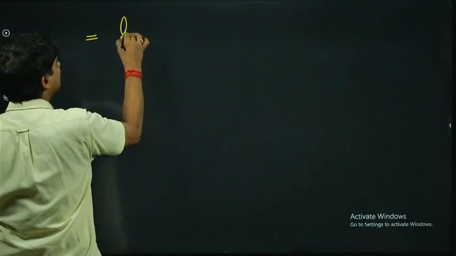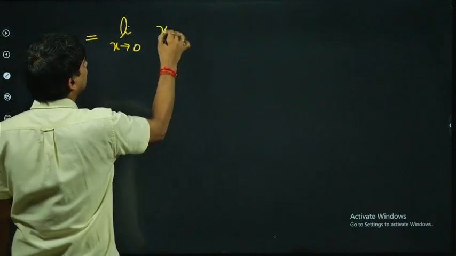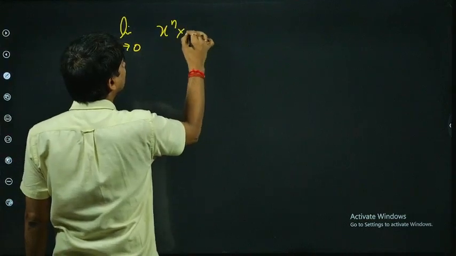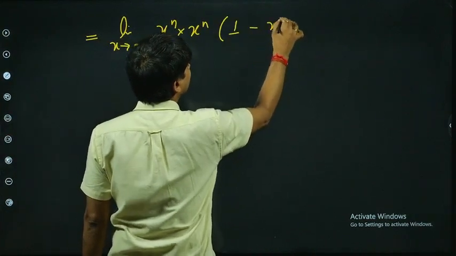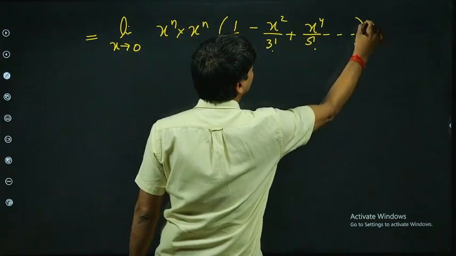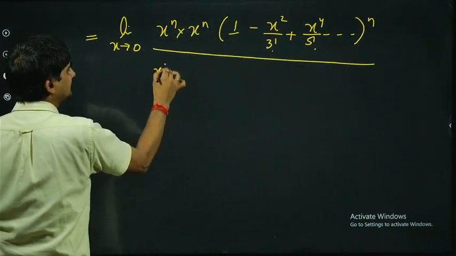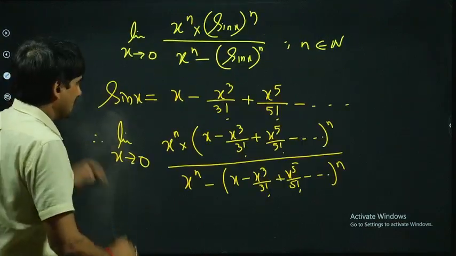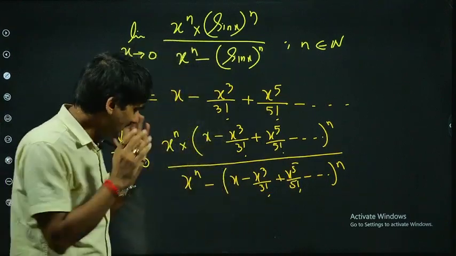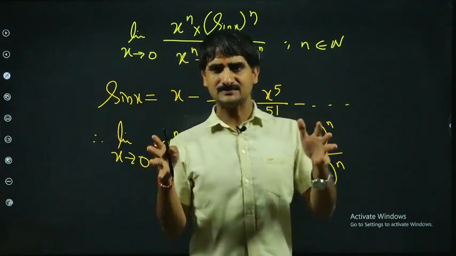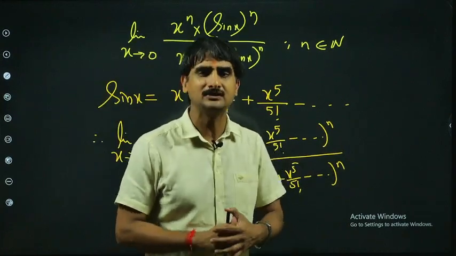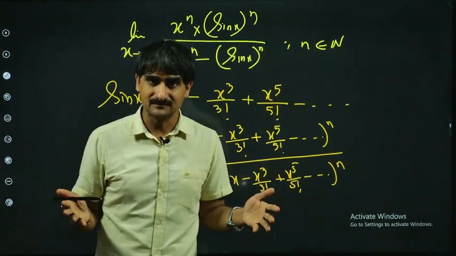So here it is limit as x approaches 0, x^n. From here I can take x common, which will give us x^n (1 minus x square by 3 factorial plus x to the power 4 by 5 factorial minus ...) whole raised to the power n, divided by x^n minus the same. Now how to open this raised to the power n? We are multiplying this entire series, x minus x cubed by 3 factorial plus x to the power 5 by 5 factorial and so on, n times.